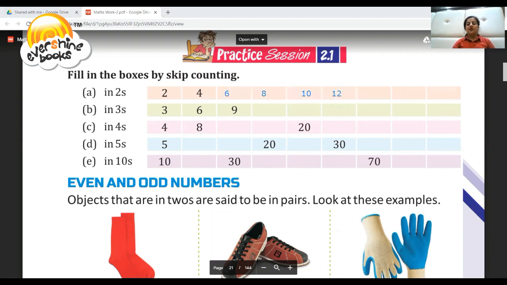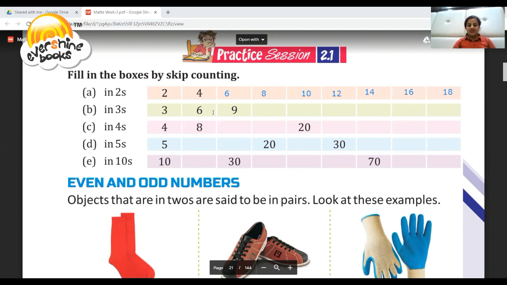Yes, very good. Now next is 13 is left out, 14 is written, 15 is left out and 16 is written. 17 is left out and 18 is written and so on. Till 18 we are going to do it.